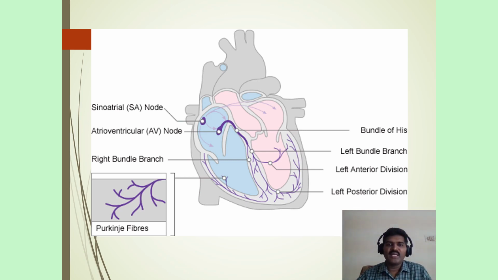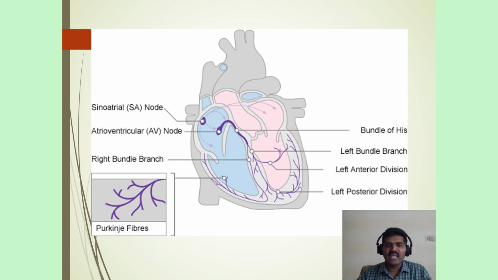As I told earlier, the atria and ventricles are separated by a fibrous septum which doesn't conduct electricity. So the only gateway between atria and the ventricles is the AV node. Okay, so there is AV node, and then there is bundle of His.